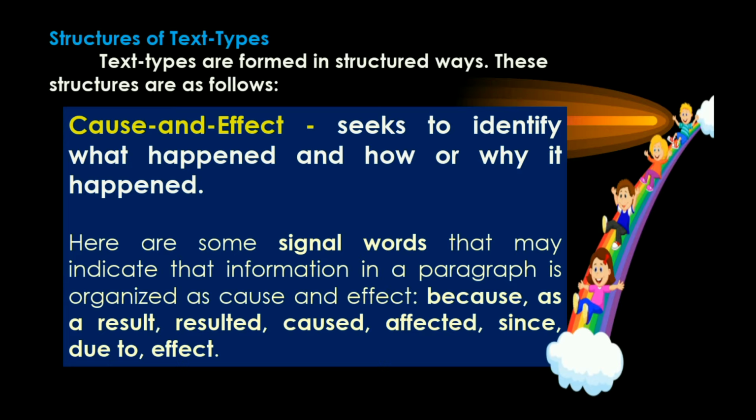Cause and effect. So what is cause and effect? This seeks to identify what happened and how or why it happened. Here are some signal words that may indicate that the information in a paragraph is organized as cause and effect: because, as a result, resulted, cause, affected, since, due to, effect.